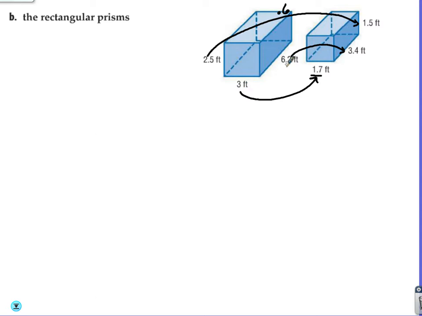Go ahead and multiply 6.2 times 0.6 and see what you'll get. It's like 3.72. Yeah, that's right. Oops. 3.72, not 3.4, not 1.7. Those two shapes are not similar. Now, are they close? Yeah, extremely close. Do they look similar? Yeah, but they're not.